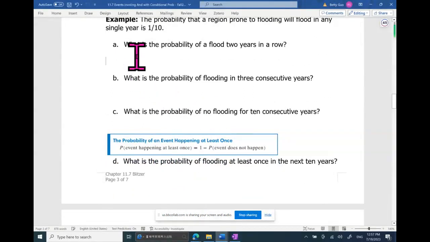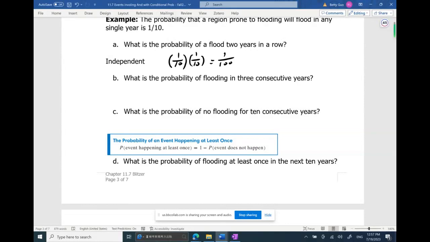Okay, so we assume they are independent. If last year flooded already, does this year not flood? I don't think so. So we assume they are independent. Then flood 2 years in a row, first year flood, second year flood, so the probability is 1 over 100, well, 0.01, right?